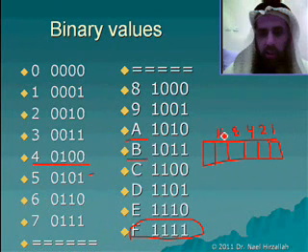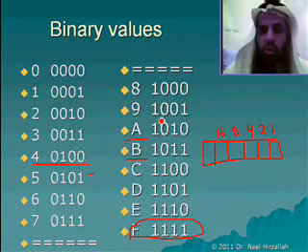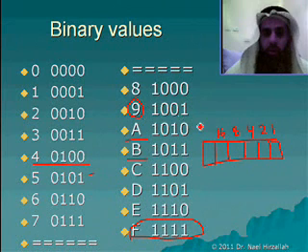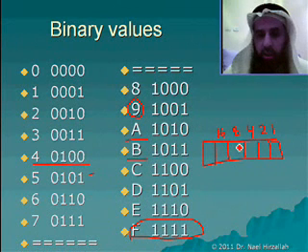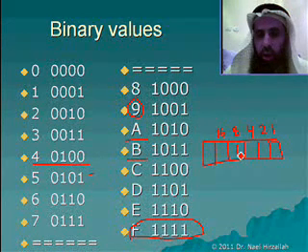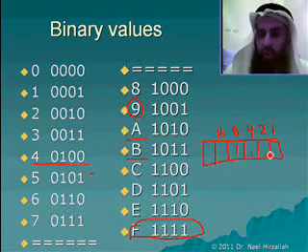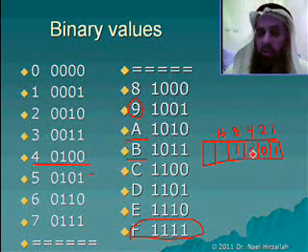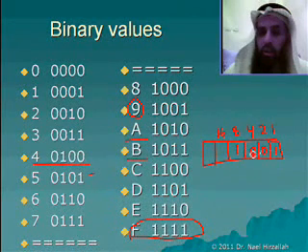Let's assume that we want to find what 9 represents in binary very quickly. 9 is basically 1 in the position of 8, and it needs another 1 in the position of 1, and 8 plus 1 is equal to 9, and we fill up the remaining boxes with 0. So 9 is 1001. This is a fast way.